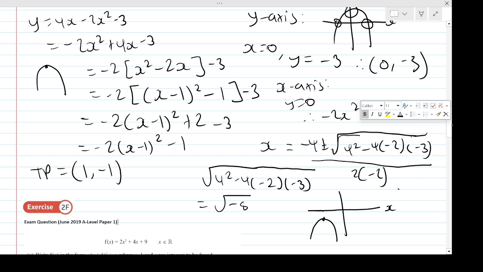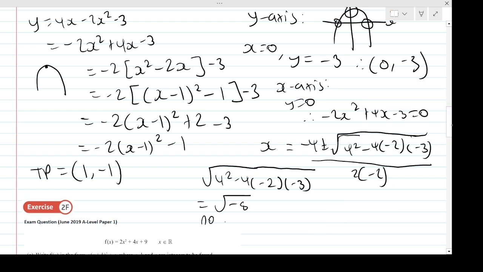That essentially means there are no solutions for x, which means there's no crossing with the x-axis. So therefore I'm going to deduce: no x-axis intersection. There we are.